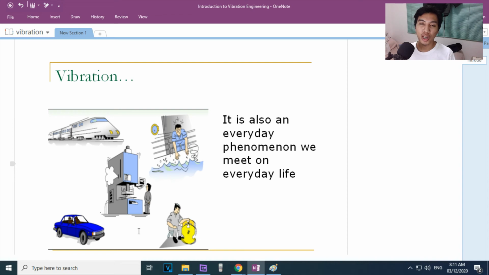Ang gagawin mo dyan, you use sa machine foundations mo. When you go to your power plant design, you will consider yung weight ng machine, yung speed ng machine in terms of RPM, the power that is produced in your machine or the brake horsepower that your machine produces, para makalculate mo yung foundation.